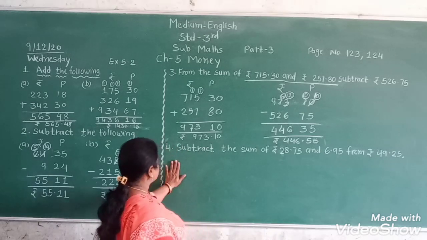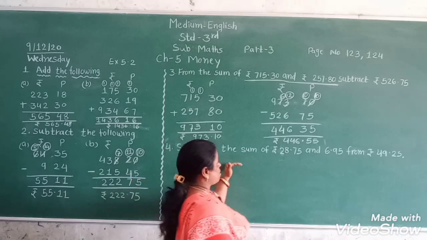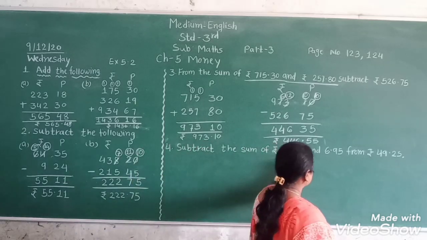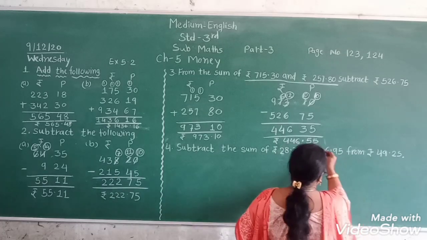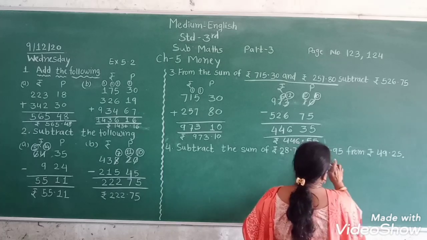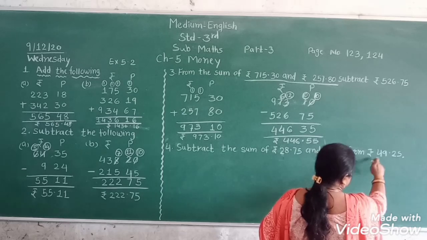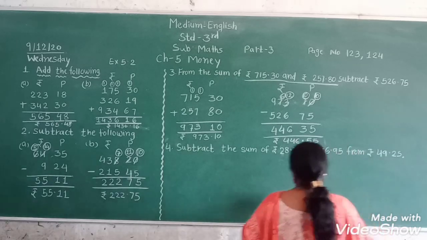Now second sum. Next sum. Subtract the sum of rupees 28 75 paise and rupees 6 95 paise from rupees 49 25 paise.